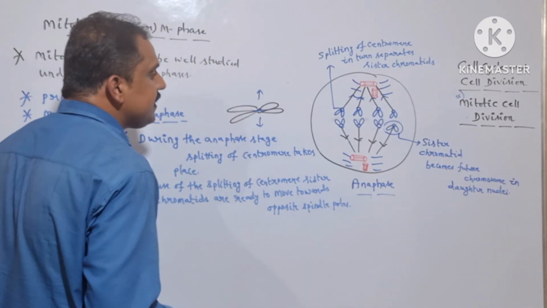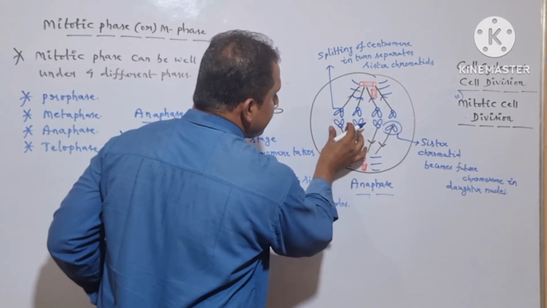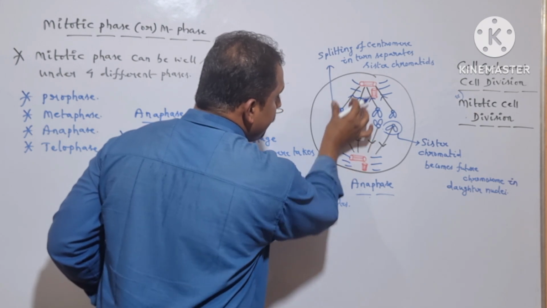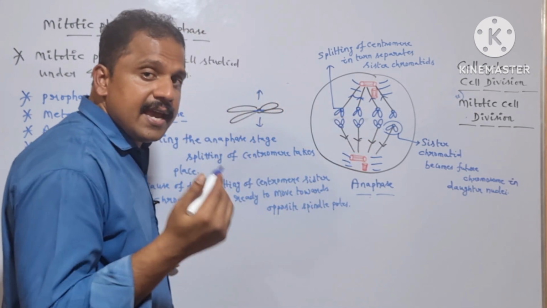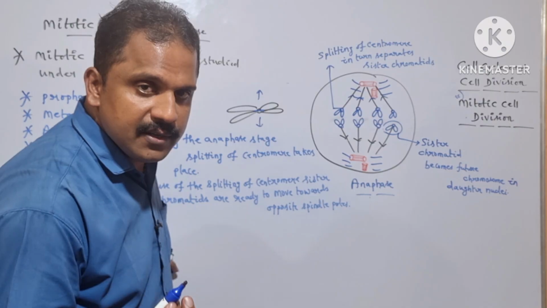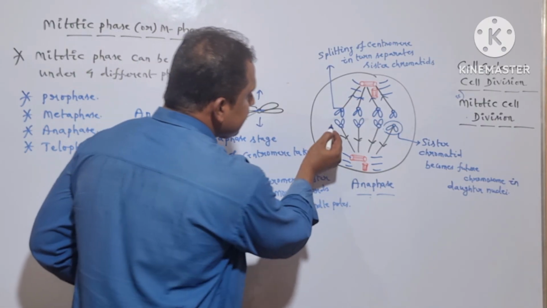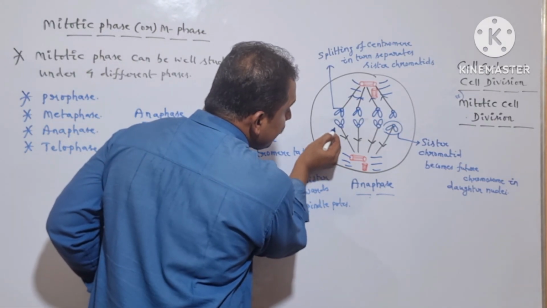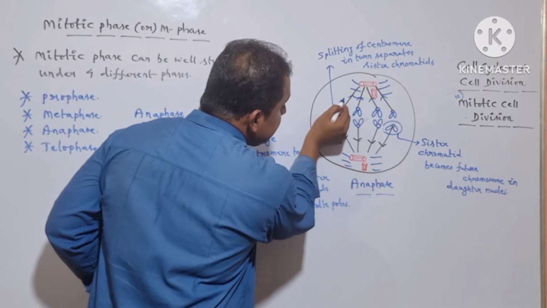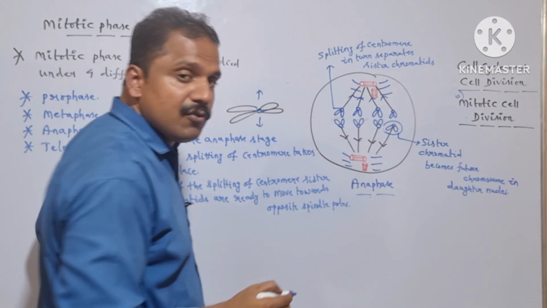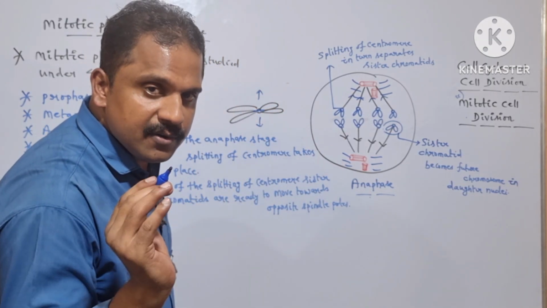And these sister chromatids will successfully migrate towards the opposite spindle pole. In future, they act as chromosomes in the daughter nuclei. Is it clear? These sister chromatids act as chromosomes in the upcoming daughter nuclei.